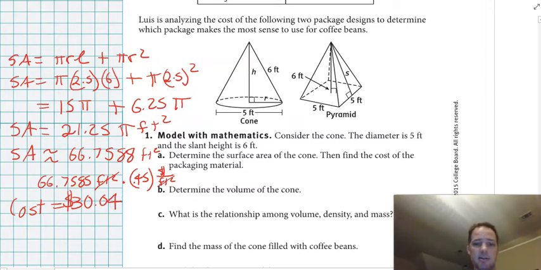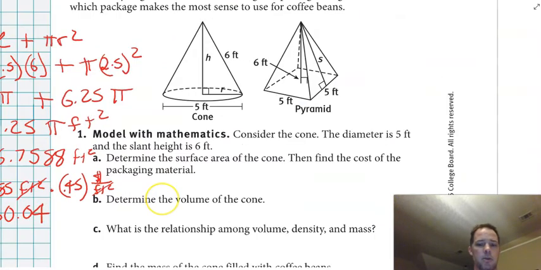The next thing says determine the volume of the cone. So this one should be a little bit easier because volume just equals 1/3 area of the base, so this will be pi r squared, because the base of the cone is a circle, times height. So we do need to solve for the height.